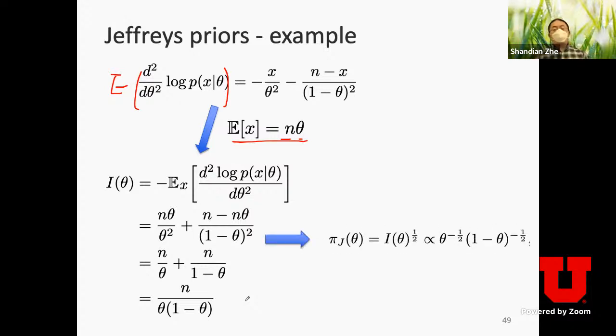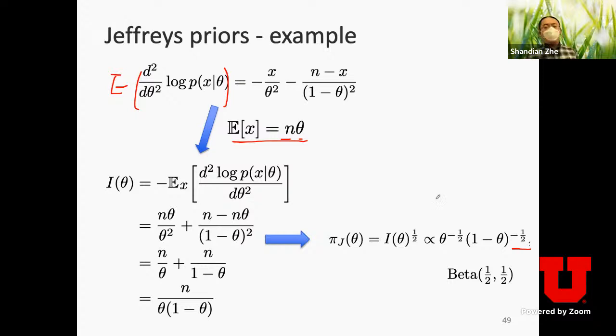Now you construct Jeffreys prior. Remember, Jeffreys prior is proportional to the square root of the Fisher information, which is proportional to theta to the power of minus half, times 1 minus theta to the power of minus half. This actually is a beta distribution.